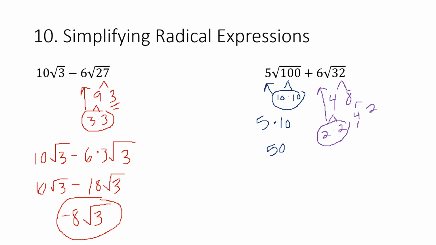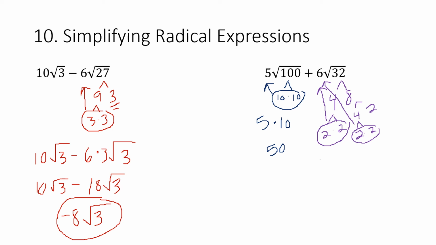And the 4 can be factored further. It's a perfect square of 2 times 2 again. So since we have that pair of 2's, we know one of the 2's gets to go outside up here with the 6 as well.